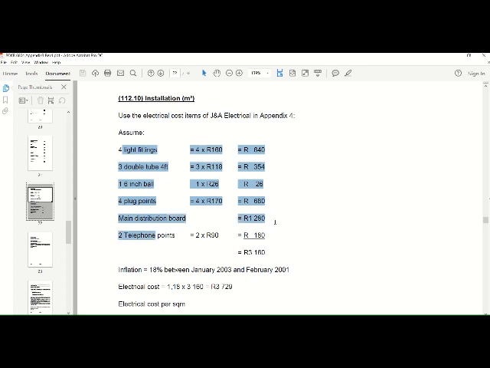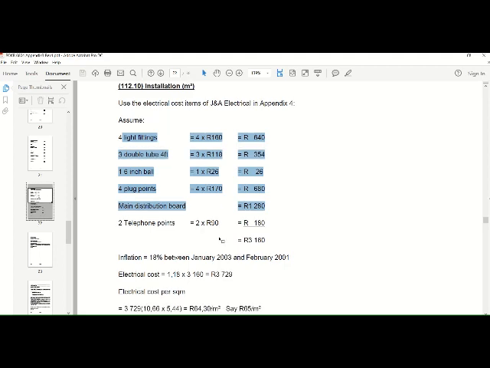You can use your installation cost, total installation cost. Obviously you would take out the items that I showed earlier on, like for instance your air conditioning, and also if it's specified your main connection, you would take that out to get to a total rate that you actually divide with the square meterage of that building.